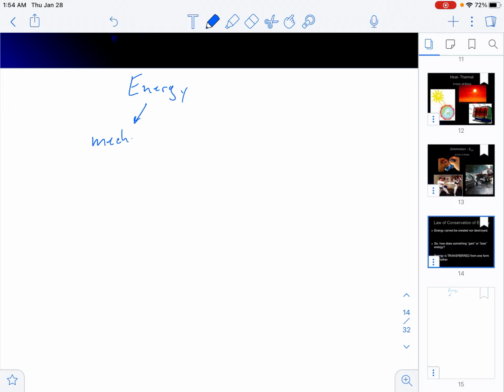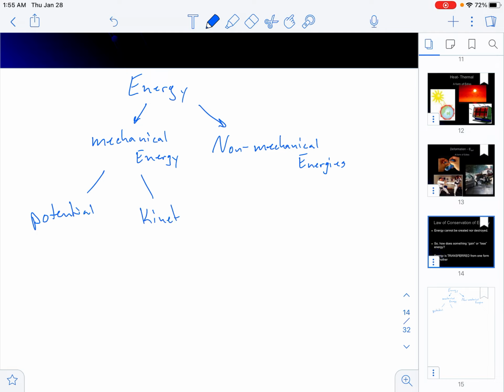We've got our mechanical energy, and then we've got our non-mechanical energies. Our mechanical energies are then broken down into two forms: potential energy and kinetic. Our non-mechanical energies are our dissipated energies.